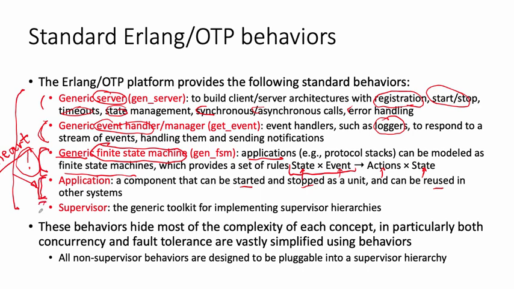And then the fifth one is a very important one, which I have mentioned a few times, which is the supervisor. The supervisor is the generic toolkit for implementing supervisor hierarchies, which are the basic mechanism for making applications robust, where whenever you're running, someone is looking at you, which is the supervisor.